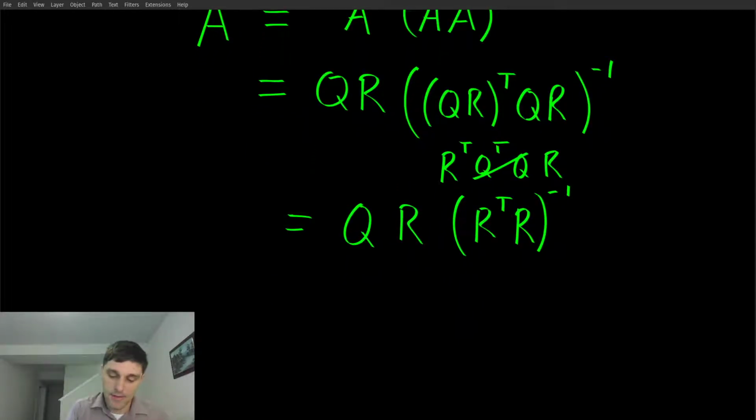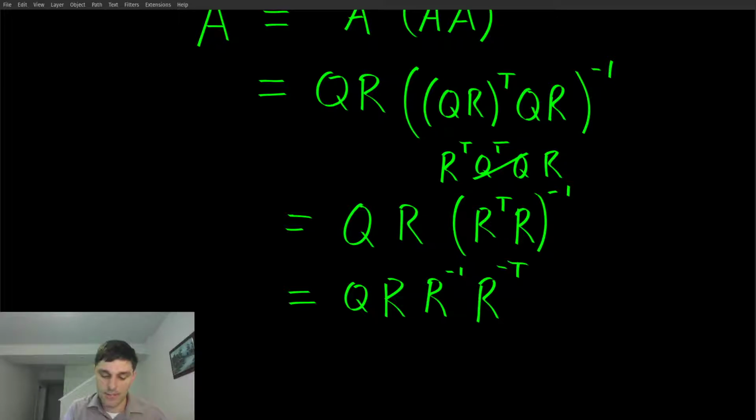And then, because these are invertible, we can say Q R R inverse R inverse transpose. These guys cancel out.